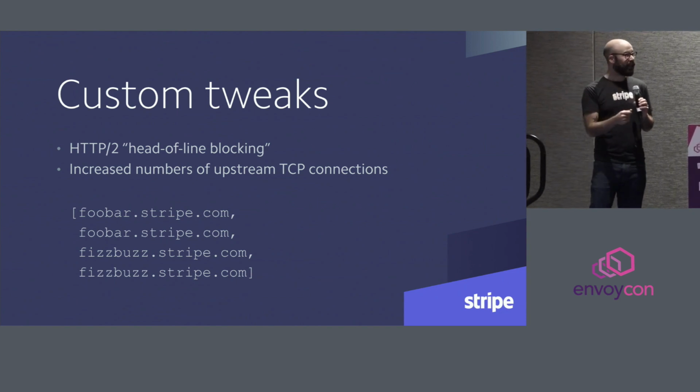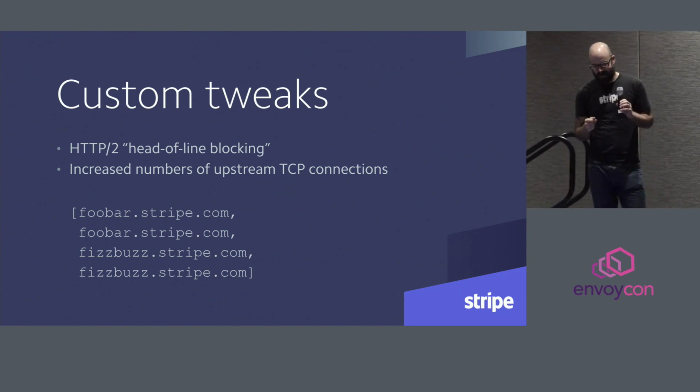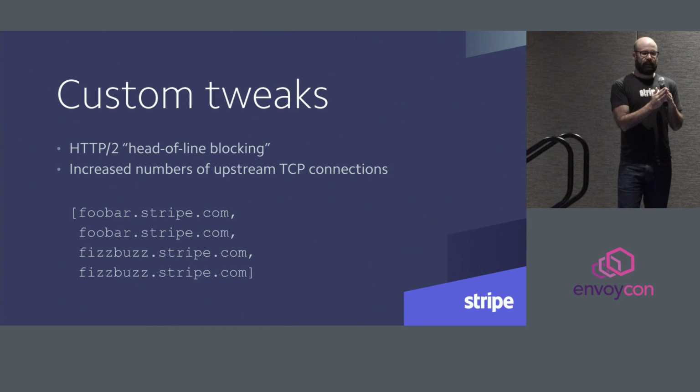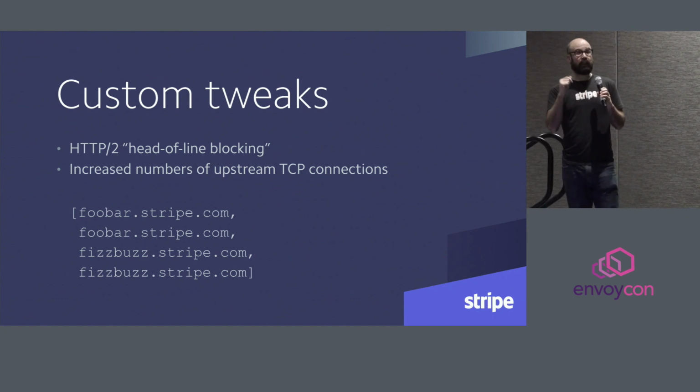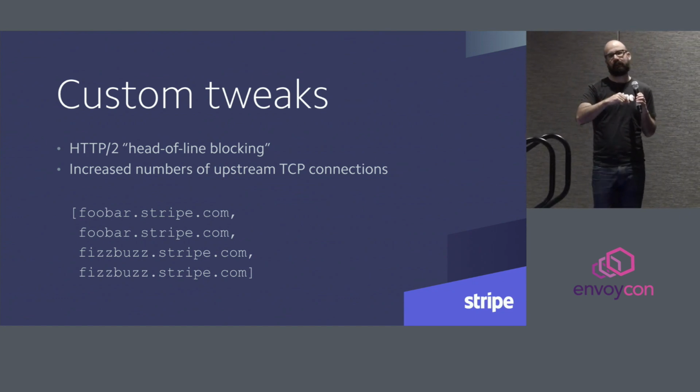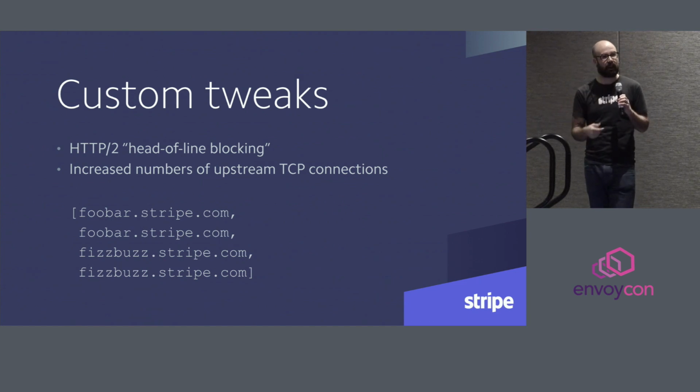So one thing we did is we increased the number of upstream TCP connections. And what we found is that that distribution of requests per connection got much more even. And we didn't have the disproportionate impact when one link would experience packet loss or retransmits.